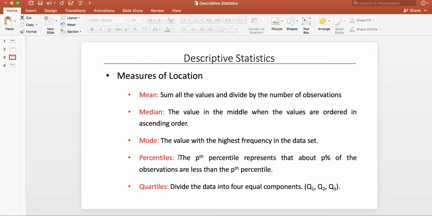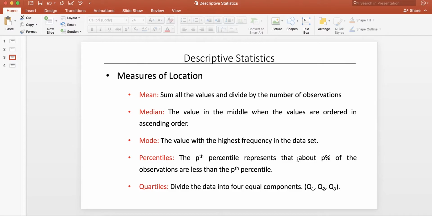The percentiles, the pth percentile. We are going to be looking at the 70th percentile, 85th percentile, and so on. That percentile represents that about p% of the observations in your data set are less than the pth percentile.